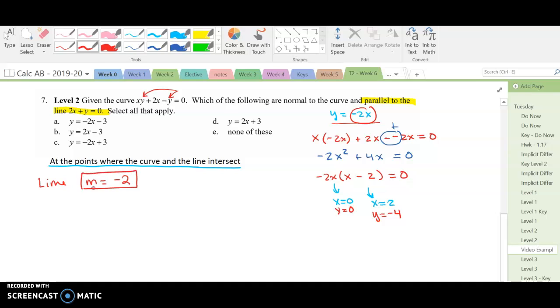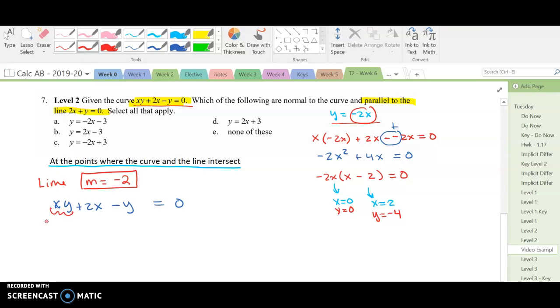And so now, that's the slope, we also need the slope for the curve. The only way we'll be able to do that is through calculus. So we're going to take the derivative of xy plus 2x minus y equals 0.